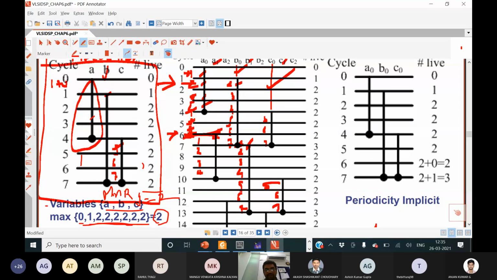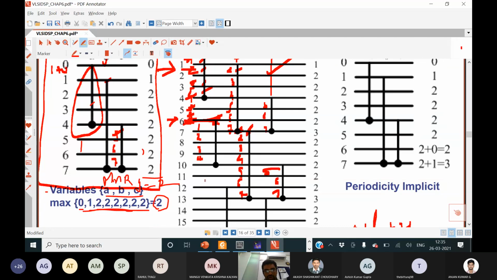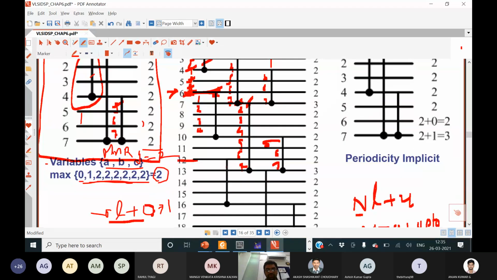This way, whatever activity is happening from 0 to 6, you need to replicate for 0 to 12, or 6 to 12. After 12, again you just observe that this is for A3, that means the third iteration. This is for A3, so again 1, 2, 3, 4.